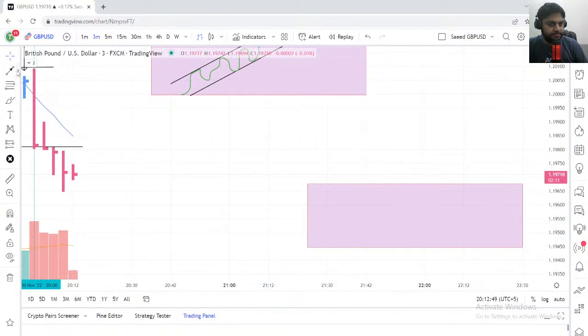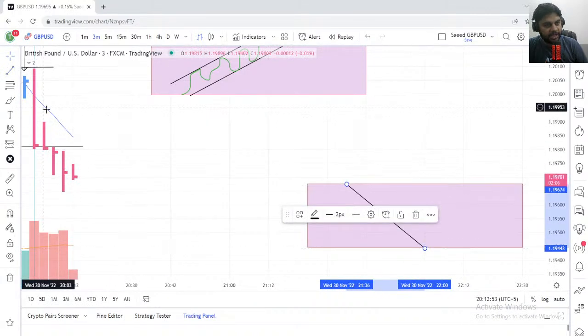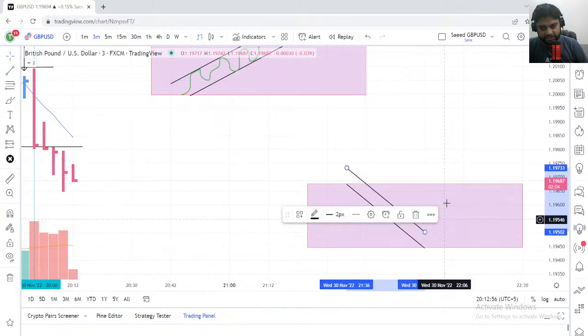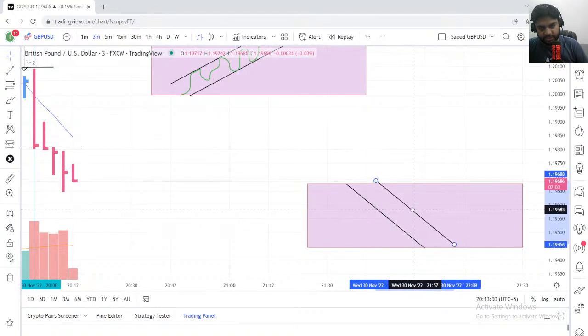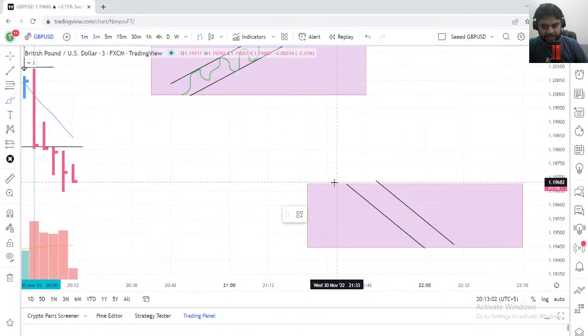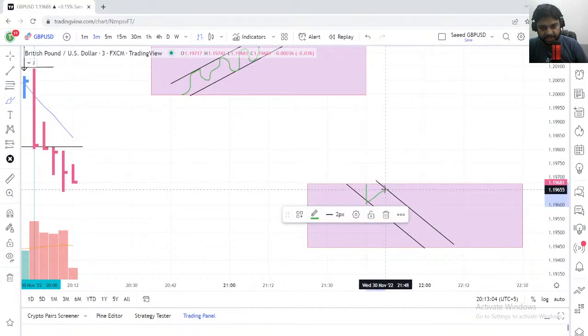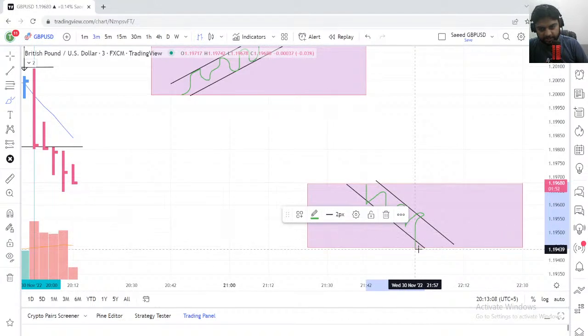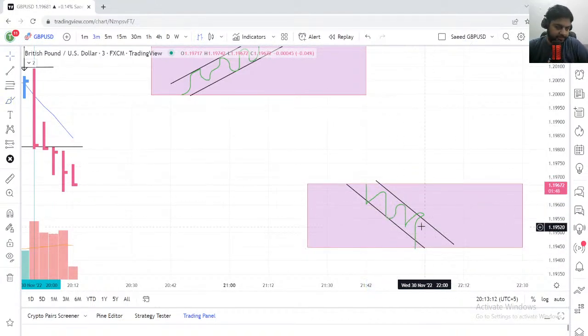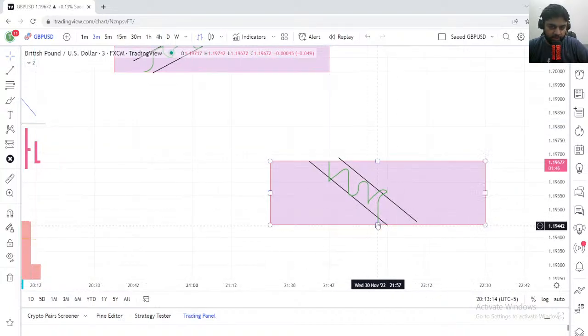What do I mean? Something like this. When you see a trend channel, and the market is coming down, going up, coming down, going up, and coming down like this, this is where the market is oversold.